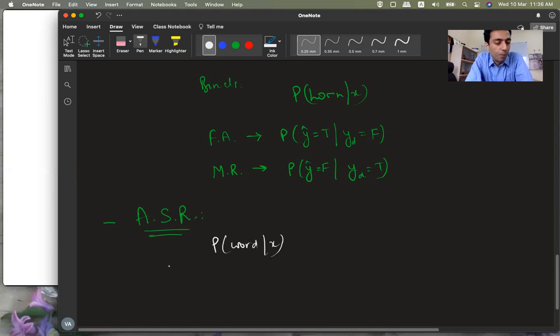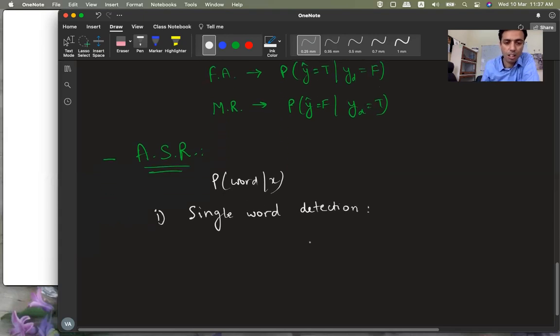What kind of distribution will you define now? A very simple problem could be just single word detection, or single word classification. Let's say first single word detection. I will say a word, yes.